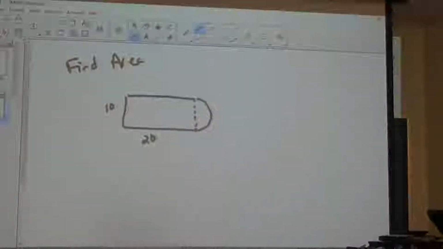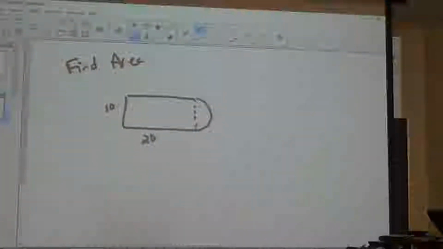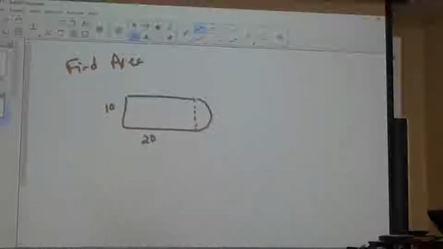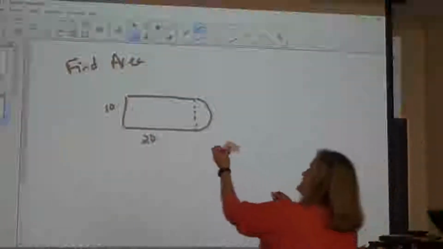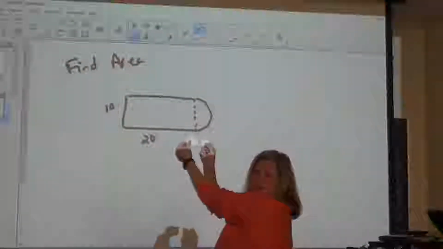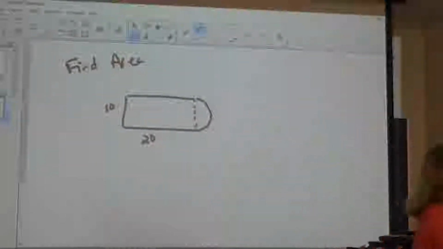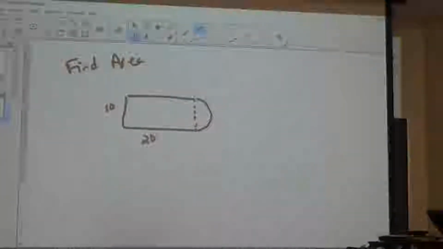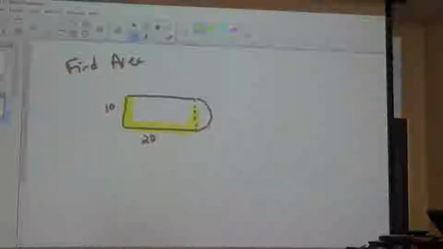So in that problem, you have to be able to realize, and I had several of you doing these today, that that shape is a rectangle with half a circle added to it. So when I do this problem, it is going to be a rectangle plus half a circle.